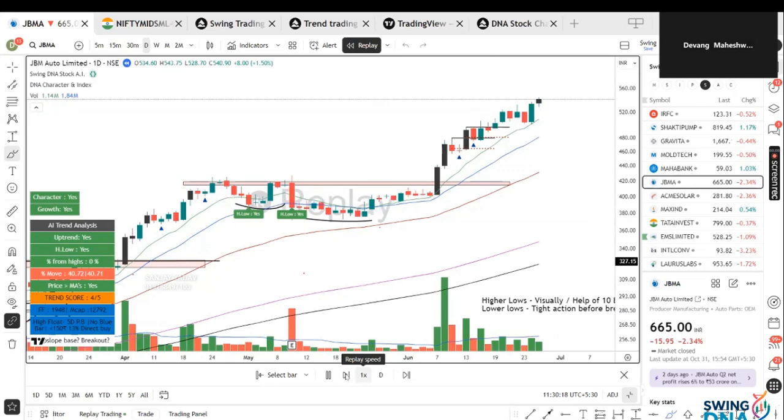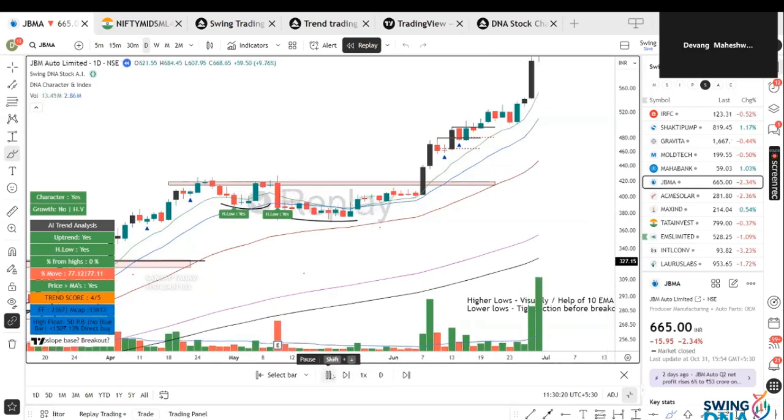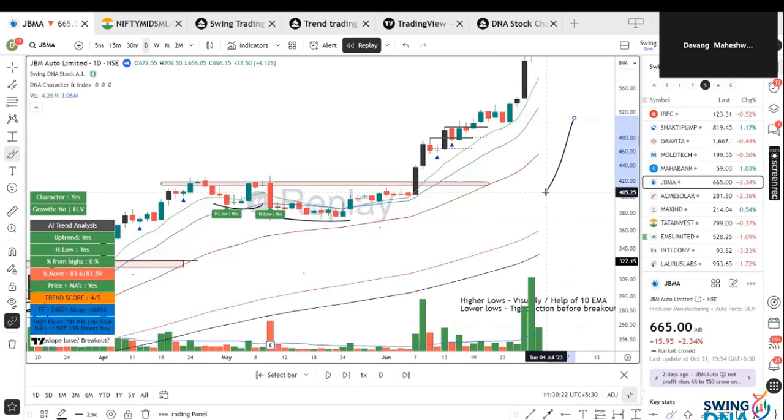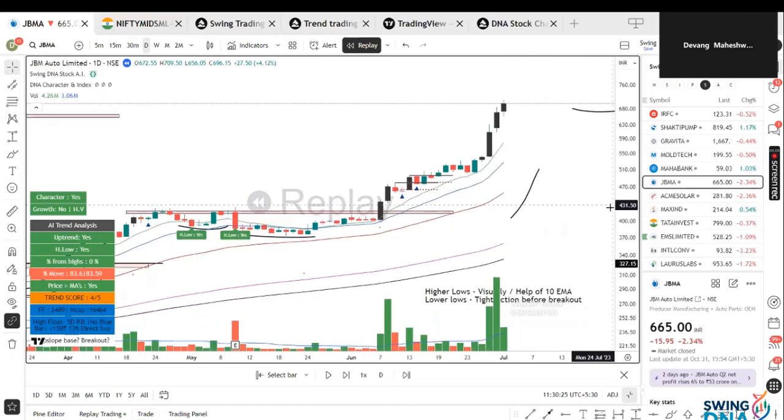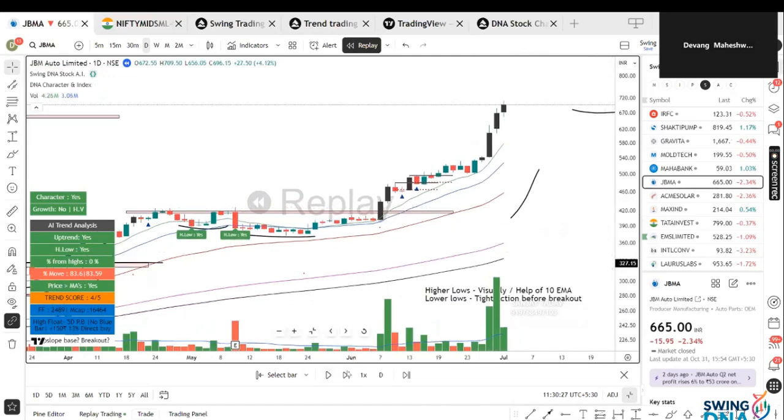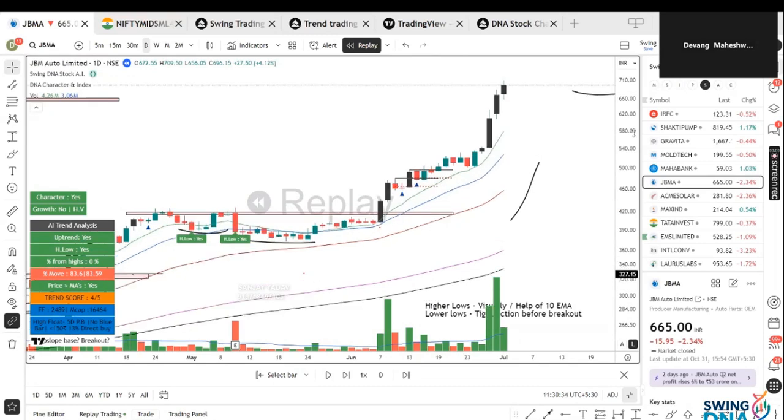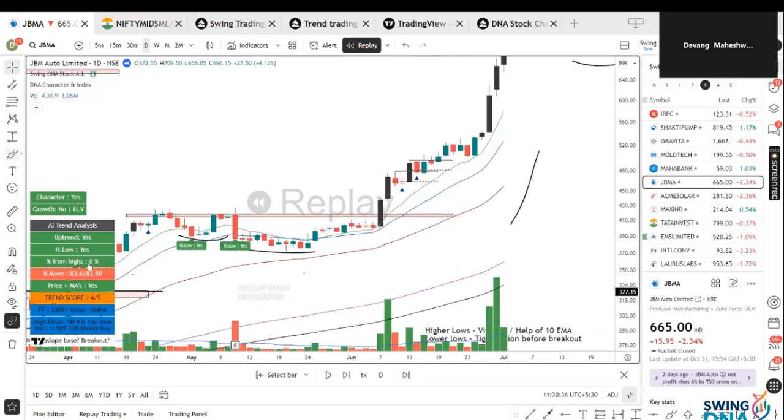So this is how this one moved. We don't have to enter up here. On the first pullback you need to enter, and so now you can see this turned red up here.